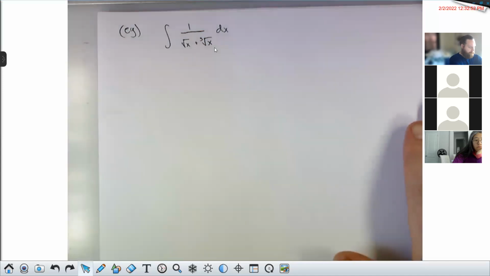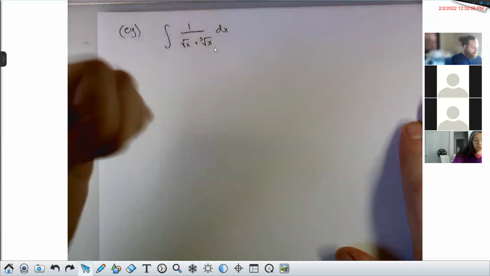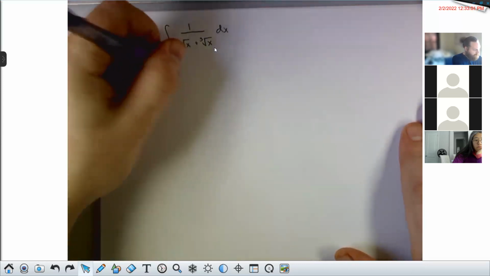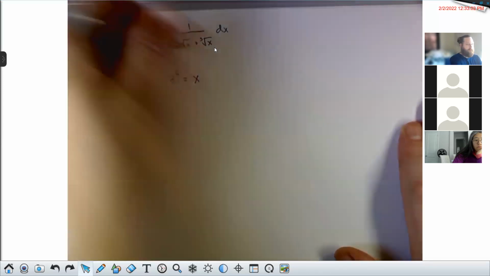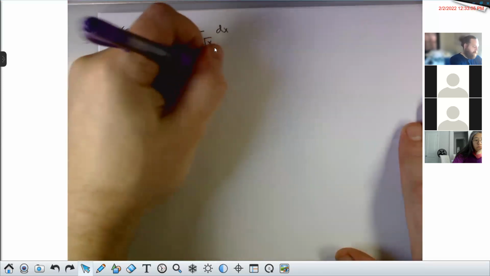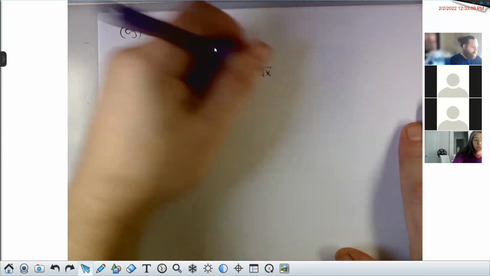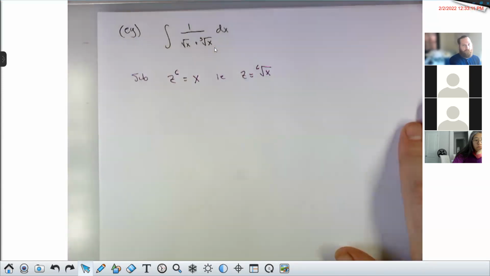The move here is to sub z to the 6 equals x, which is the same thing as saying z is the 6th root of x, but it's much nicer if you think about it like this.